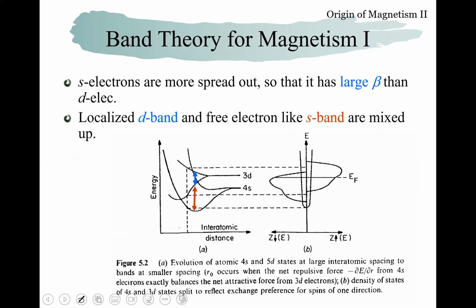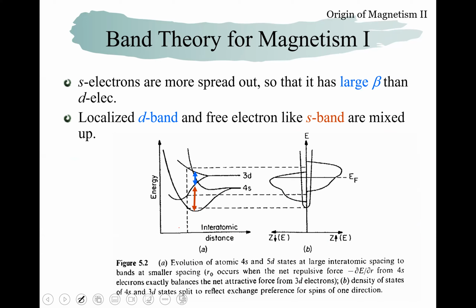Okay, so far I said we have the atomic Heisenberg exchange coupling, and now I'm gonna explain why ferromagnetism occurs in ferromagnetic materials, and let's see again based on the band structure.